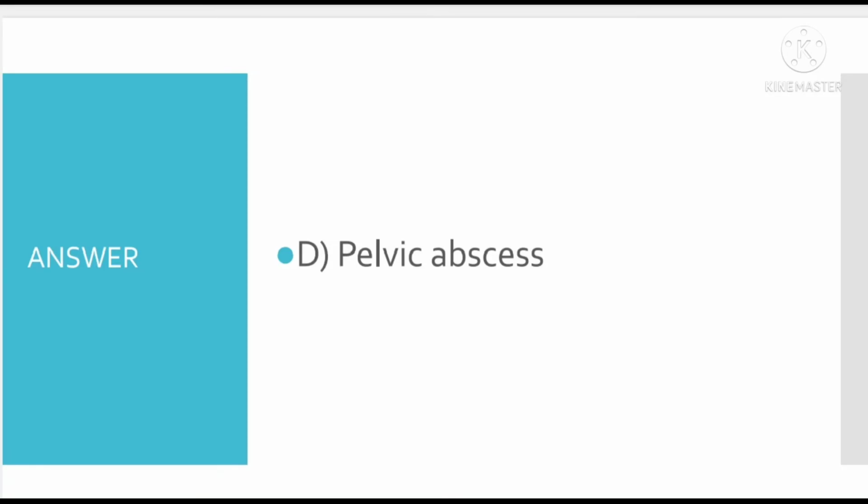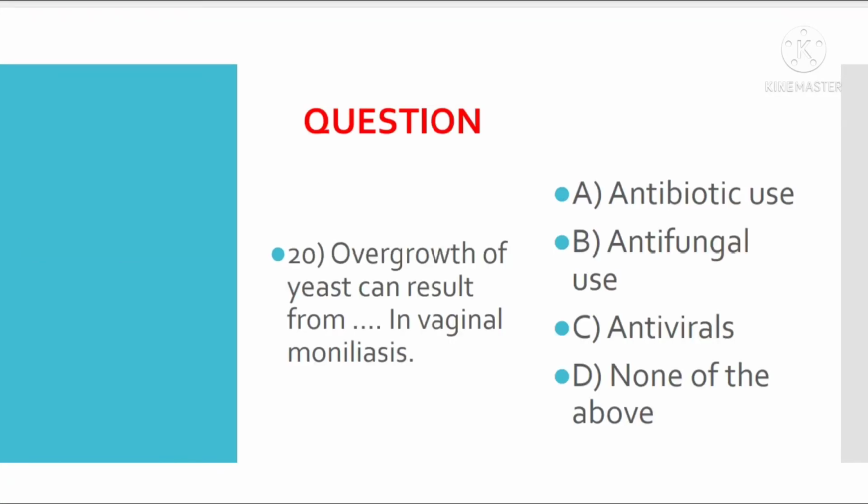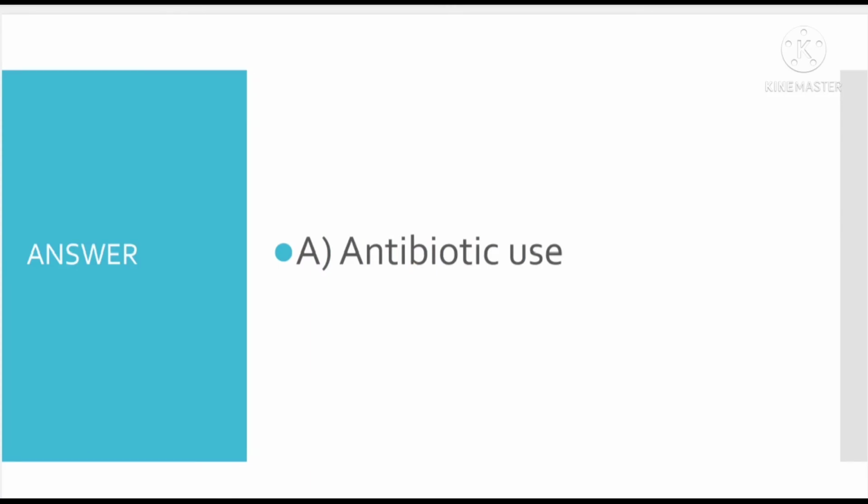Next question, question number 20. Overgrowth of yeast can result from dash in vaginal moniliasis. Option A antibiotic use, option B antifungal use, option C antiviral use, and last one none of the above. Here the correct answer: option A, antibiotic use.